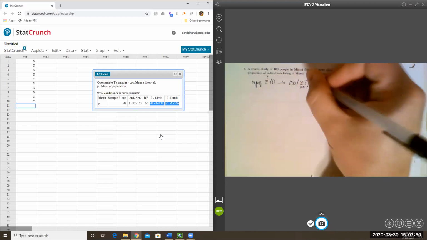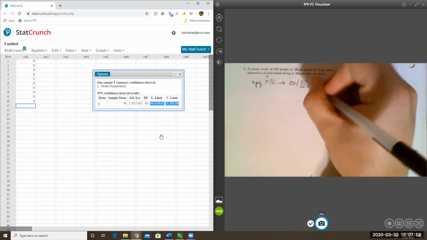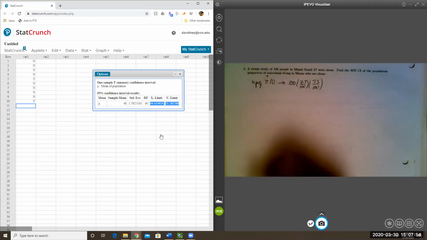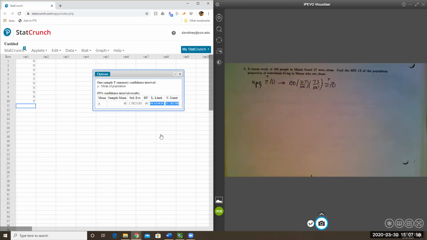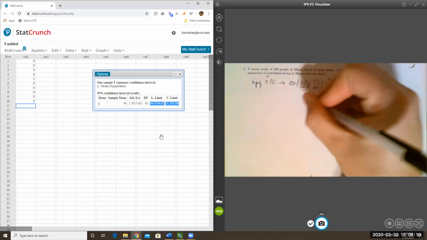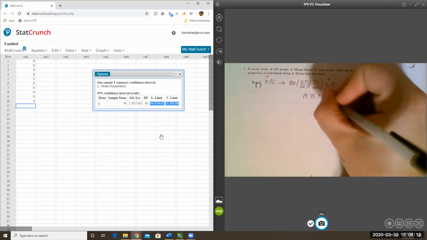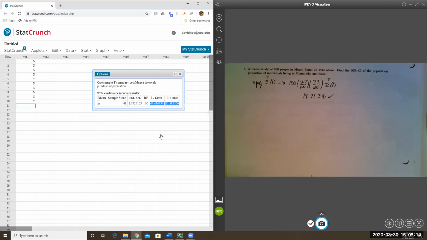So you'd say 73 out of 100, or you could change it into a decimal. But we need to see if this is bigger than or equal to 10. Ooh, that's kind of a close call. Let's see. 100 times 0.27 times 0.73. Oh, it's 19.71. So it works, right? That condition holds. So we can construct the interval.